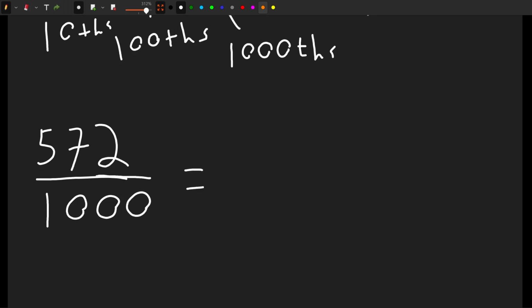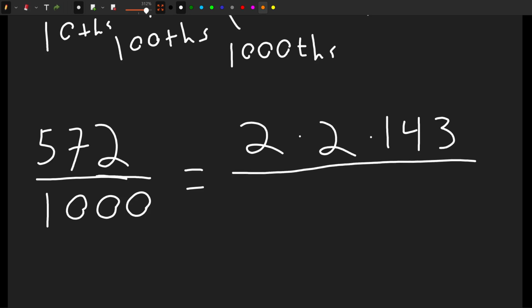I'm going to cheat here for a moment. So 2 times 286 gets me to 572. So I know 2 times 2 times 143 will get me to 572. And then that means this is going to be 2 times 2 times 250.